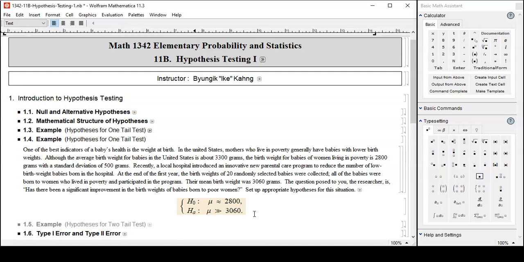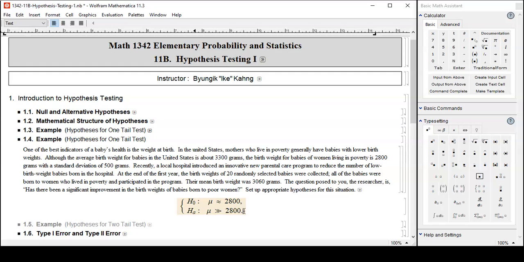Also, there's another indicator. Sample mean was 3,060. That's much bigger than 2,800, right? Okay, so all right. Oh, I did something wrong. Bigger than 3,060. What am I doing here? These two numbers have to be the same. Okay, all right, that's right.